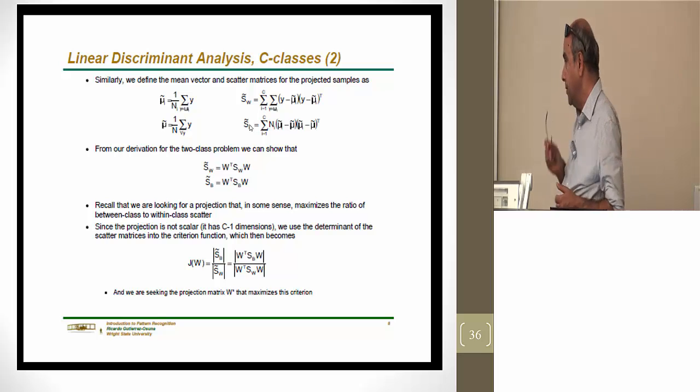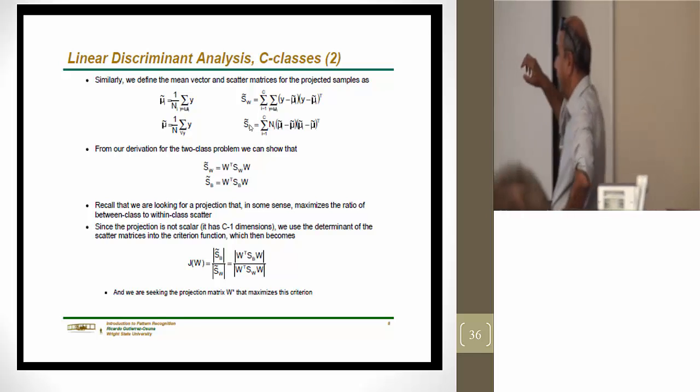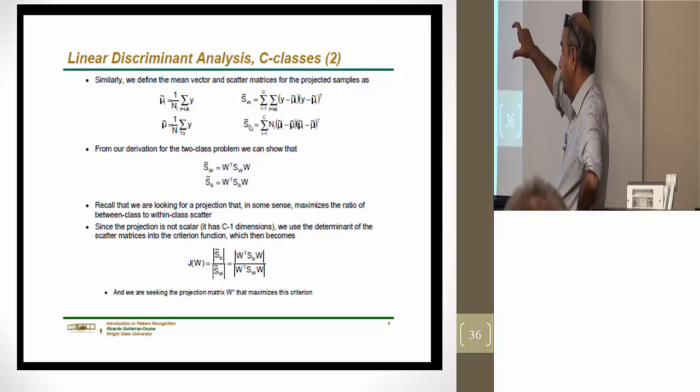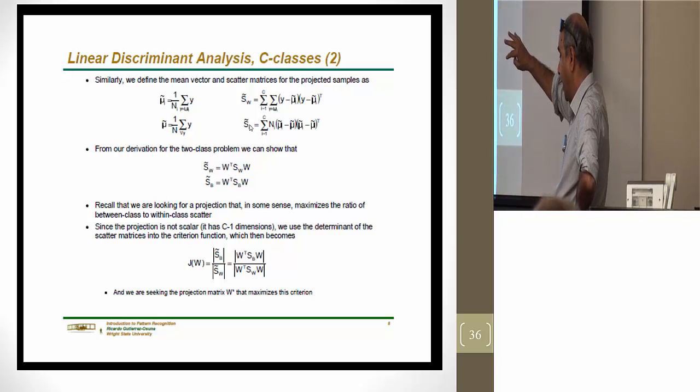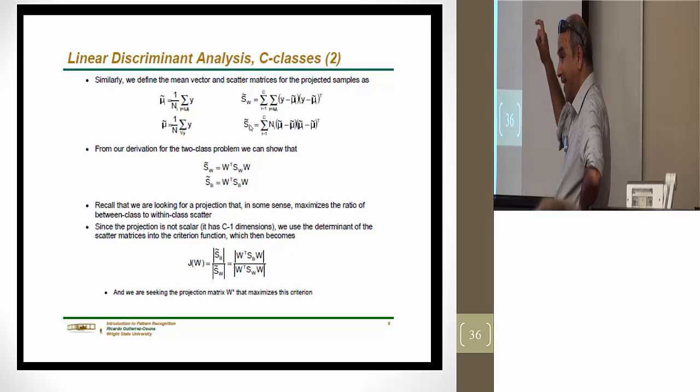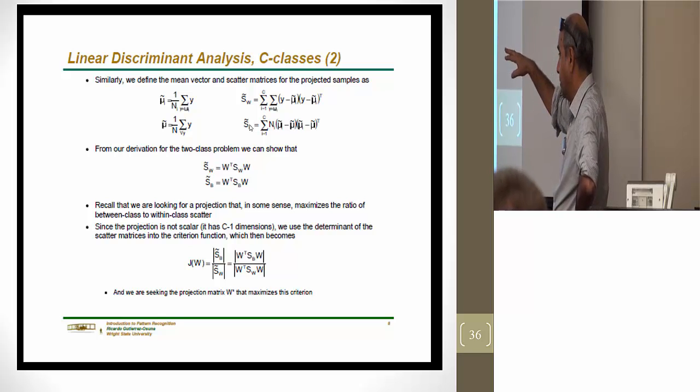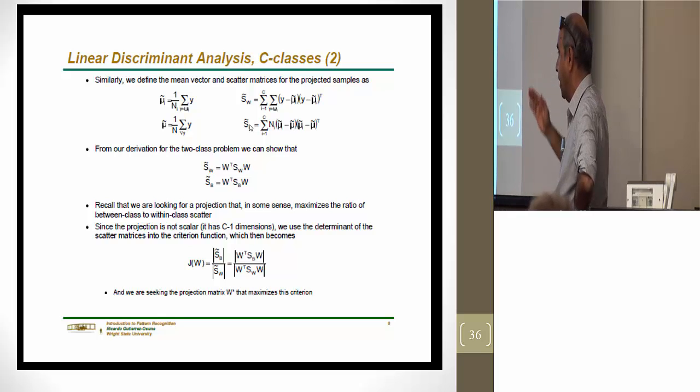Now here, as you see, W is now a matrix, it's not a vector. If it was a vector, W transpose SB W would be a scalar. But now it's a matrix. So W transpose is a matrix, W is a matrix, and this will be a matrix because it will have these eigenvalues.